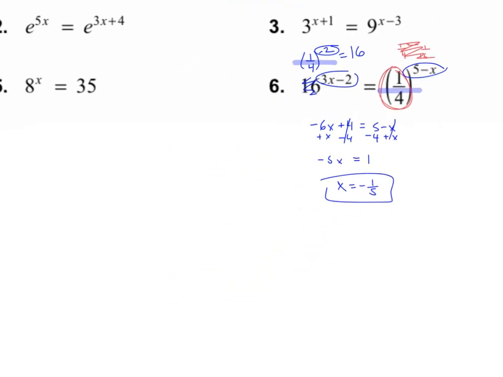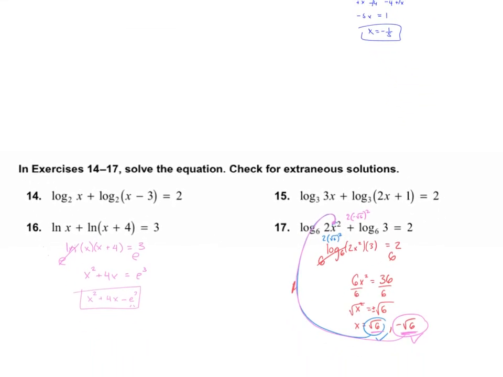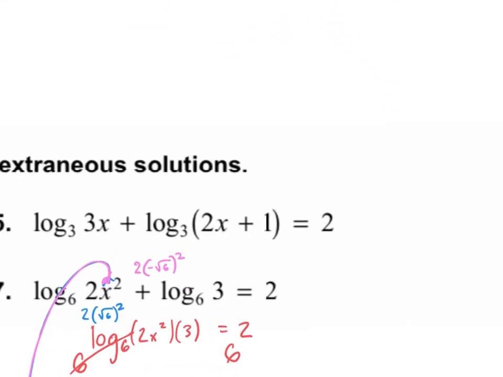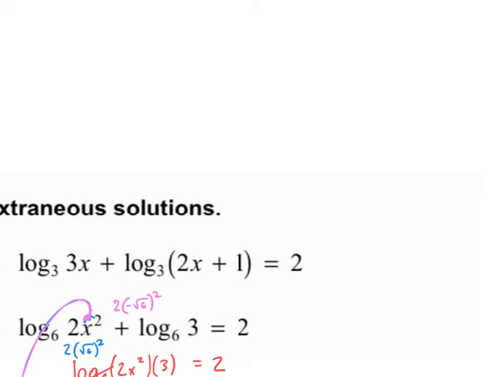Let's look at 15. Alright, so how do we combine them? Multiply, so this would be log base 3 of 3x times 2x plus 1 is equal to 2. So we just combined our two logs together by multiplying.